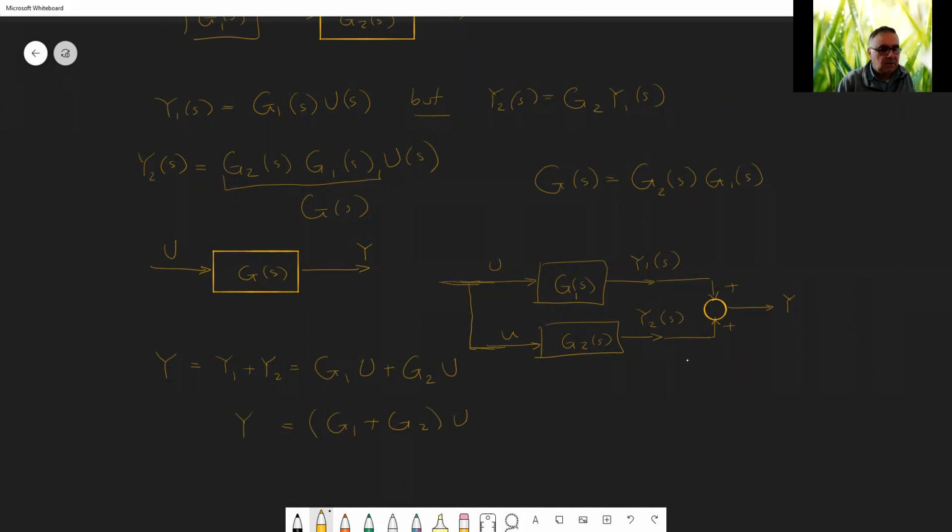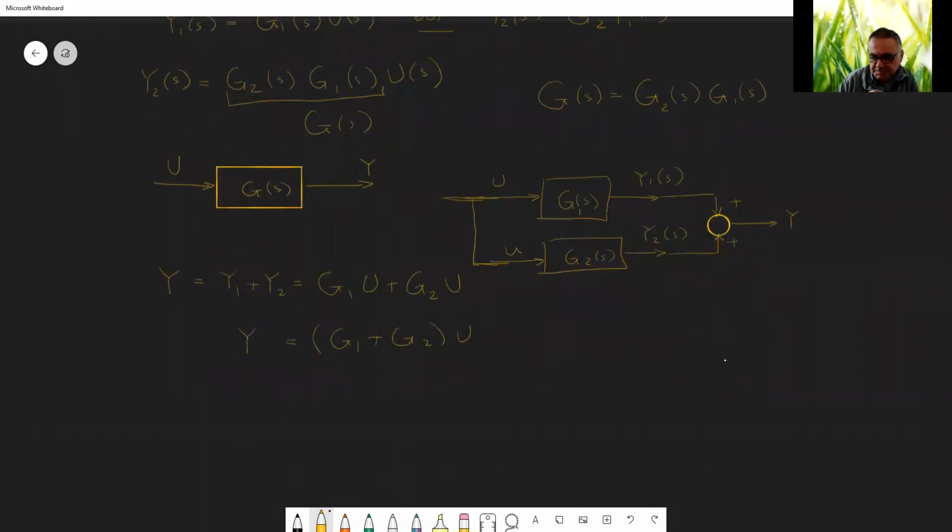Now, in the block diagram notation, if you have a signal, these U and Y's are signals.